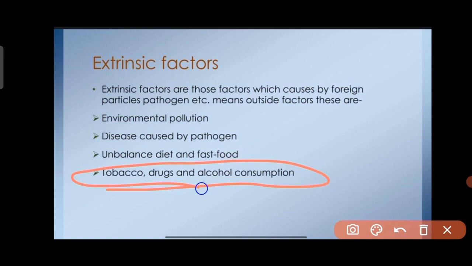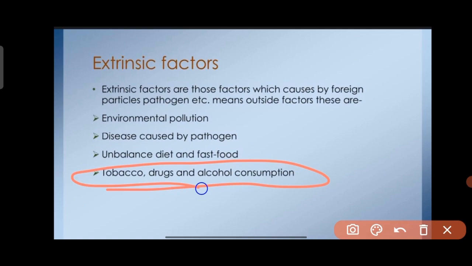Next, in extrinsic factors, I would like to discuss disease caused by pathogens. Then unbalanced diet and fast food also come under extrinsic factors. If we do not take a balanced diet, or if we just consume fast food, then such problems may occur.